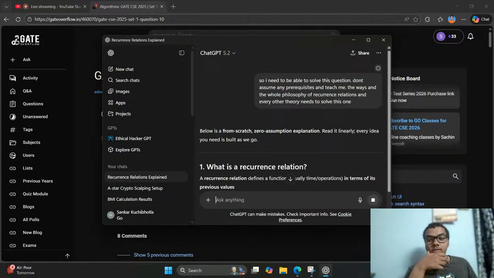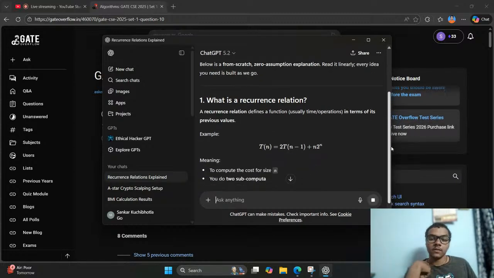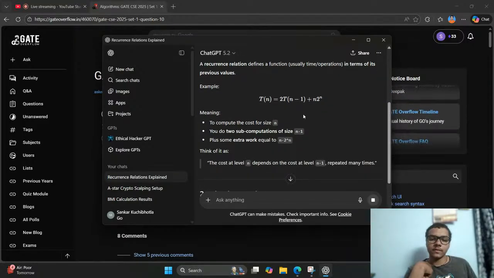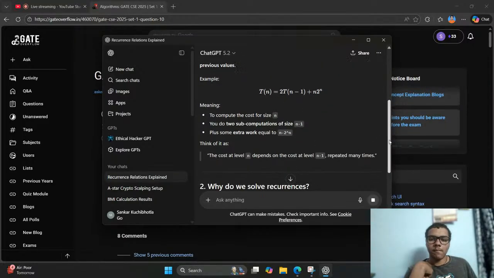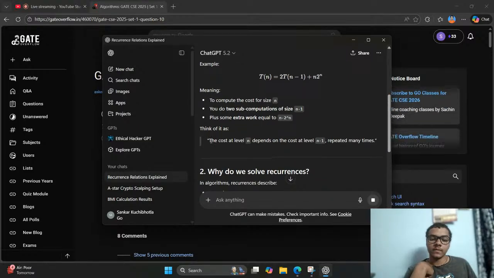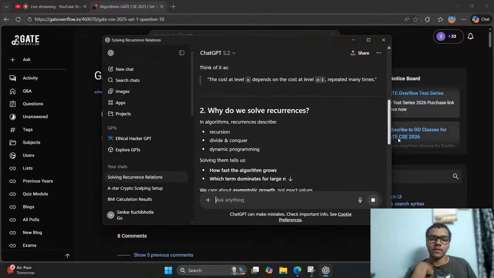Okay, what is a recurrence relation? It describes a value in terms of its previous values. The cost of n depends on the cost of level n minus 1, repeated many times.